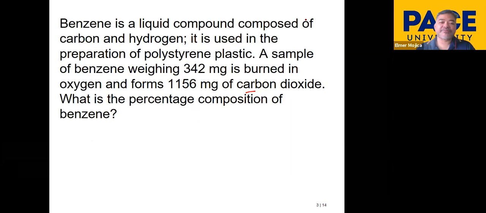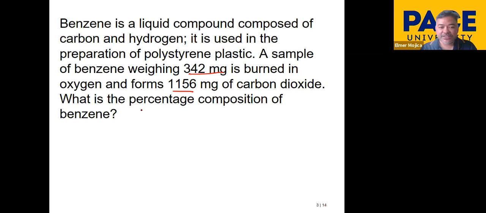So for instance, you have benzene, a sample of benzene that weighs this amount, you burn it in oxygen and you form 1156 milligrams of CO2. You are asked what is the percentage composition of benzene.